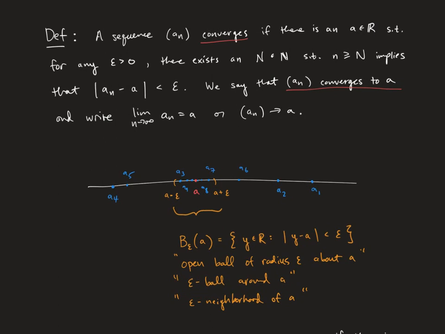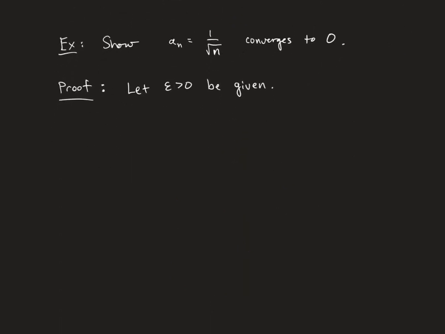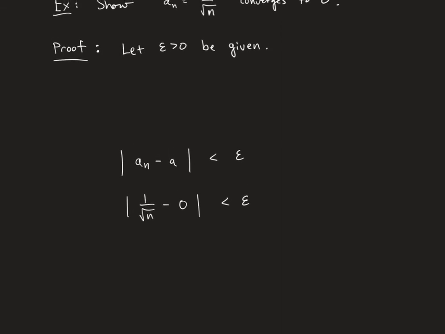Okay, so I have my a_n, and I want |a_n - A| to be less than epsilon, right? I need to figure out what range of n's should make this the case. Where should I start the n's from in order to make this true? Well, in this case, I have my sequence and I have my A. So I have 1 over root n minus 0, and what I want is for that to be less than the epsilon that I've been issued.